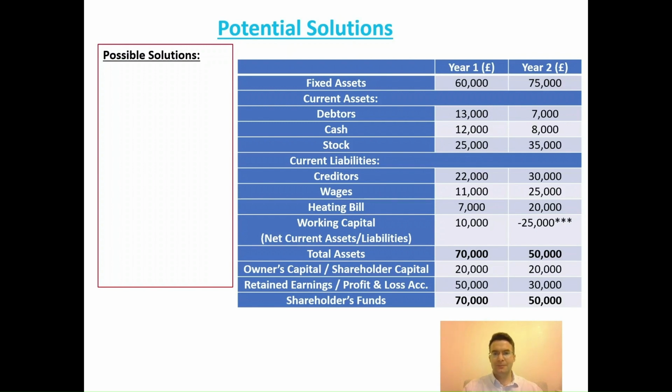The heating bill has gone up significantly, and a rather topical increase there because, as we all know at the moment, heating bills and many energy costs are going through the roof. But the fact is, it's gone up almost 3 times, so we'll have to look for a solution for that issue. Working capital, really concerning.